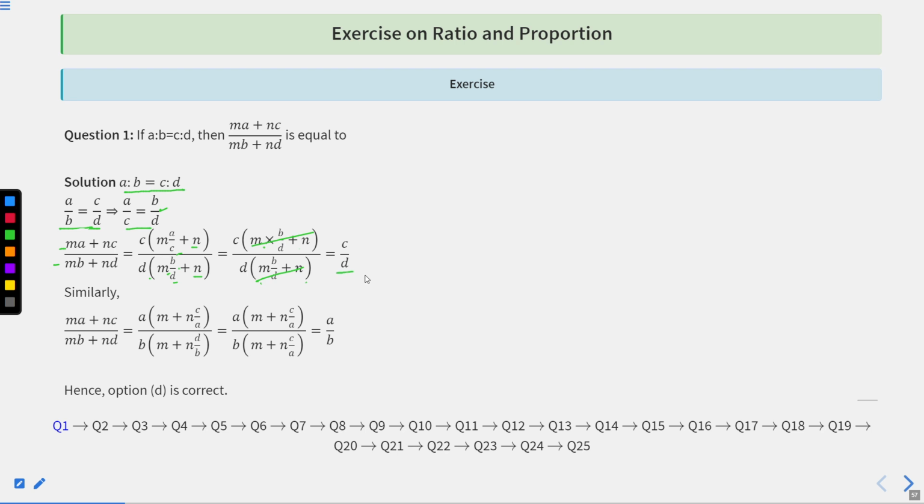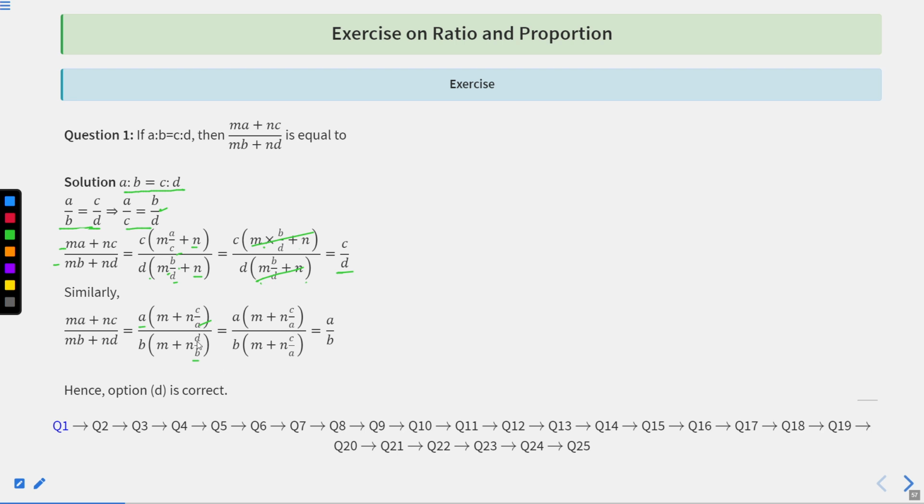Now, similarly, (MA plus NC) upon (MB plus ND), take A common. You will have A times of (M plus N C upon A) and B times of (M plus N D upon B).